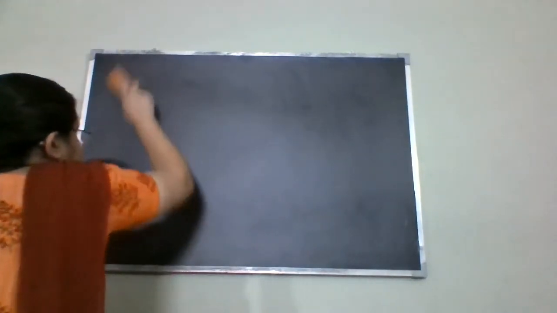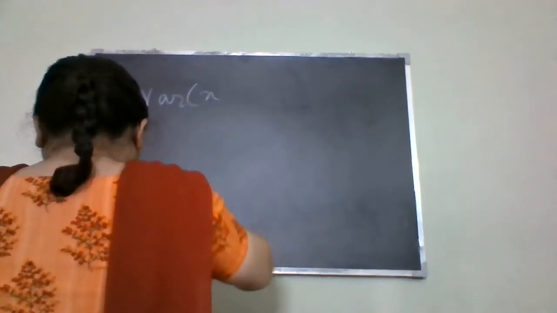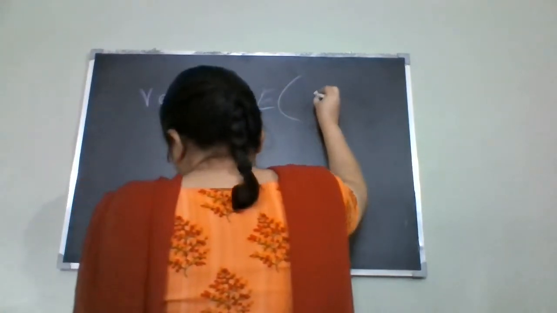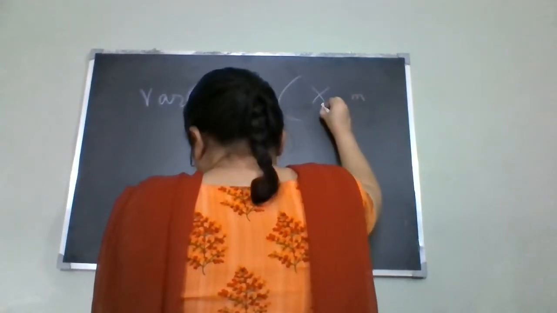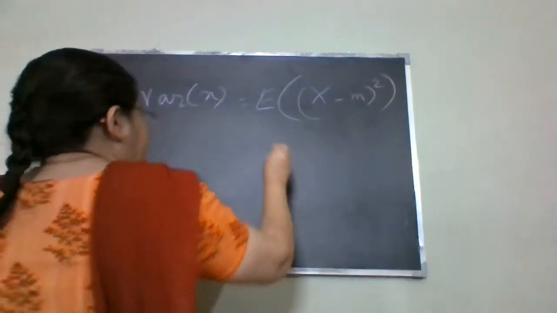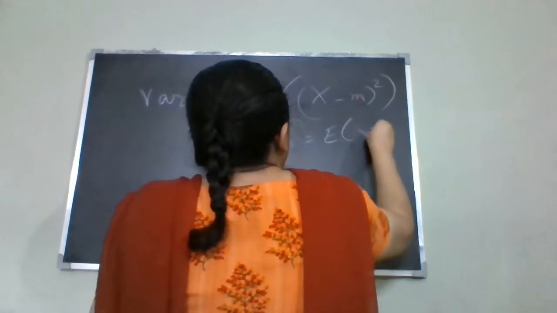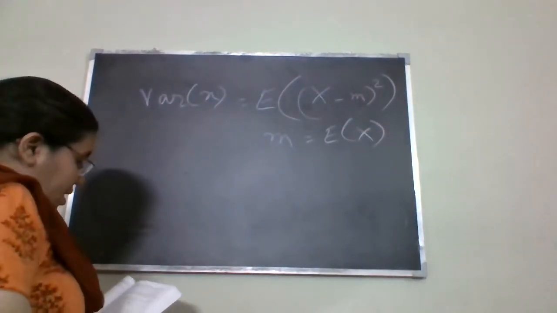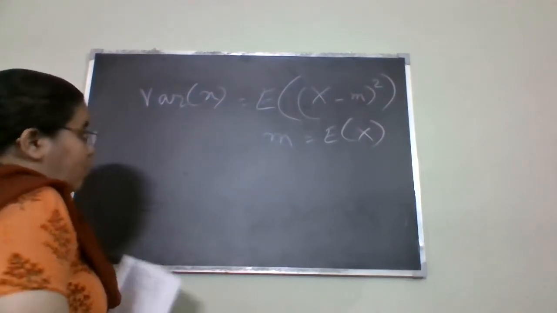The variance of a random variable capital X, denoted by Var X, is defined as, the definition is the same, Var X is equal to the expectation of (X minus m) the whole square. You remember this, where m is itself E of X. So this thing is once again repeated over here. The positive square root of Var X is called the standard deviation.